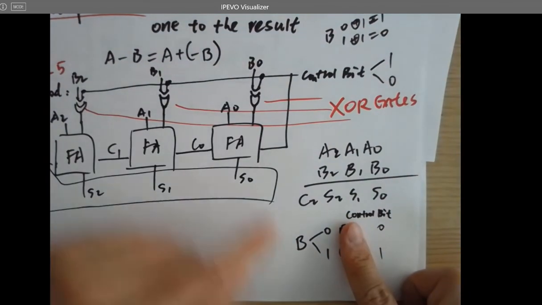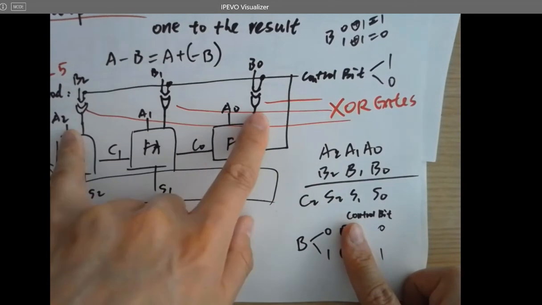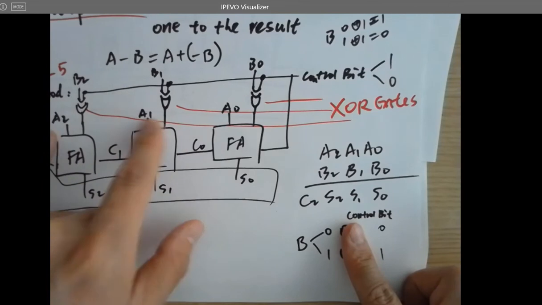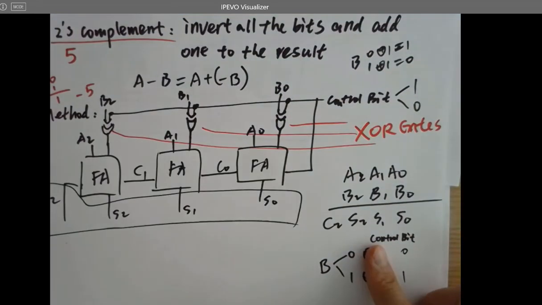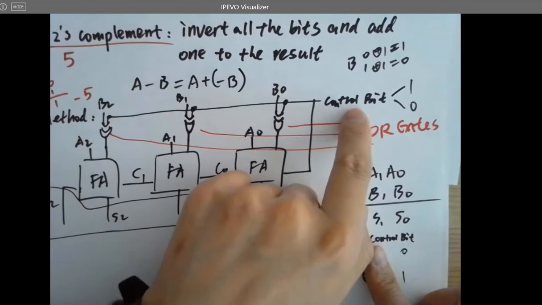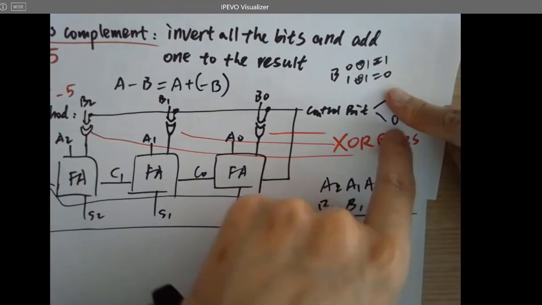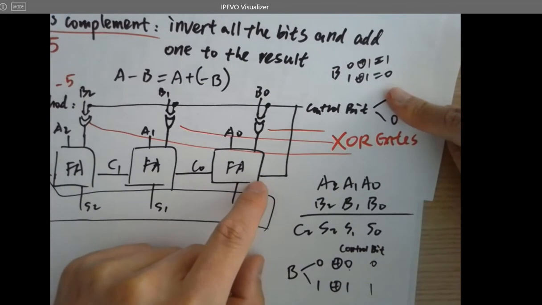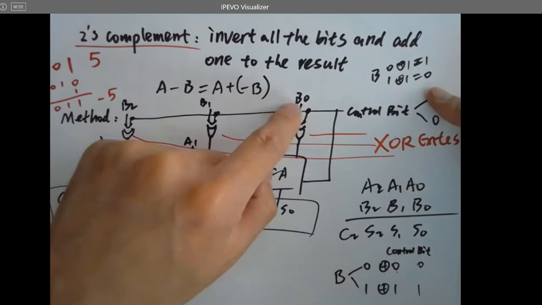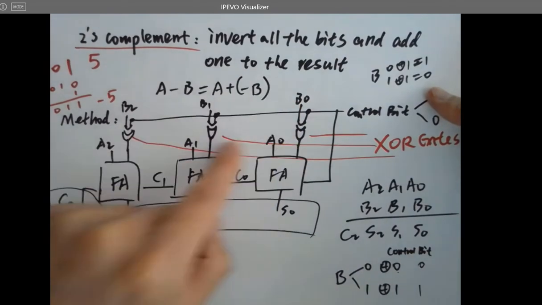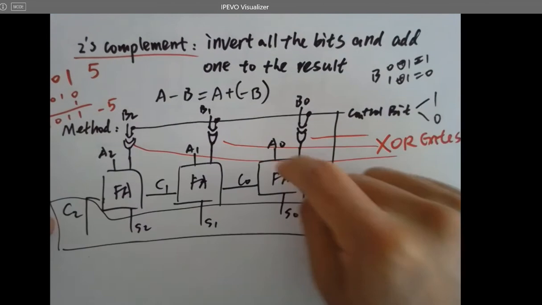It's not changing anything. So B will be directly transferred to this position and making all these additions with A's, right? So it's not changing anything. So that will be an adding function. If you give a 0 to the control bit, you are not adding anything to the carry in, it's not changing the number. At the same time, it's directly transferring B's to this point. Just doing an adding function. So that's the subtractor you can use.